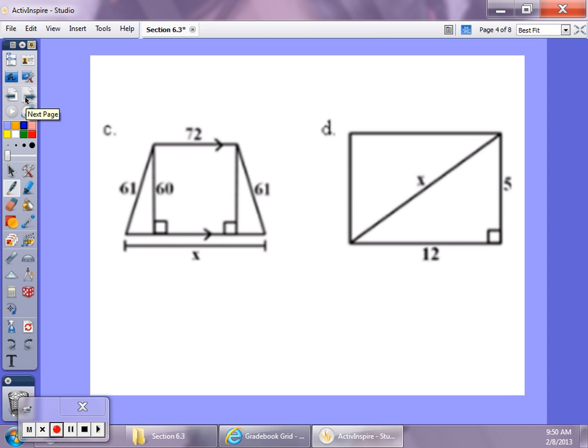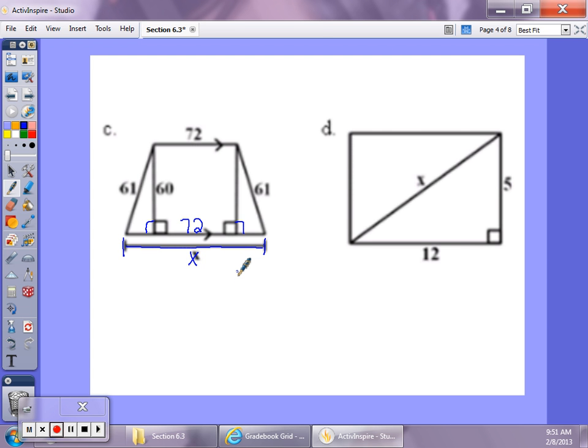For the next example, we're going to work with a trapezoid. We know this is a trapezoid because we have one pair of opposite sides that are parallel. We also have two altitudes drawn that have a length of 60. And then inside makes congruent sides, so 72, and this is going to be 72. And what they want us to do is to find x right here. Okay. All right, so we do know that these are 90 degrees.